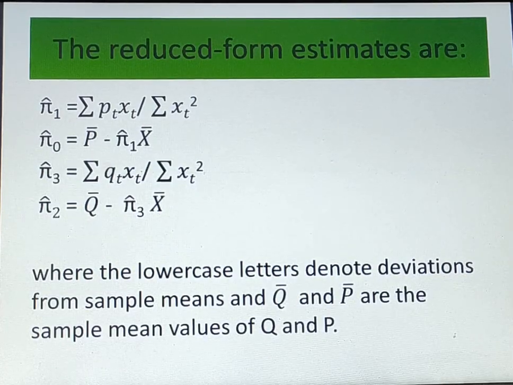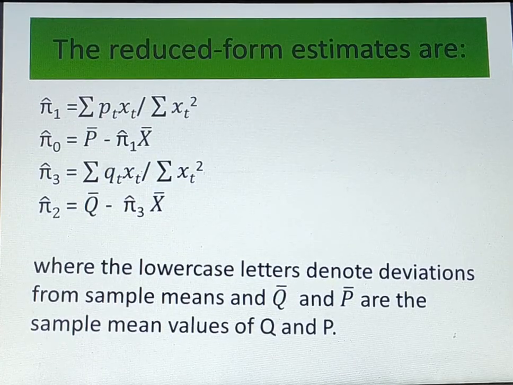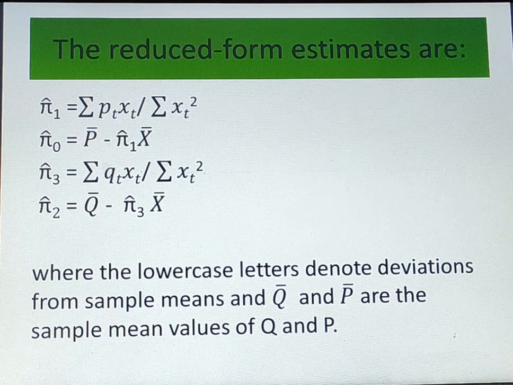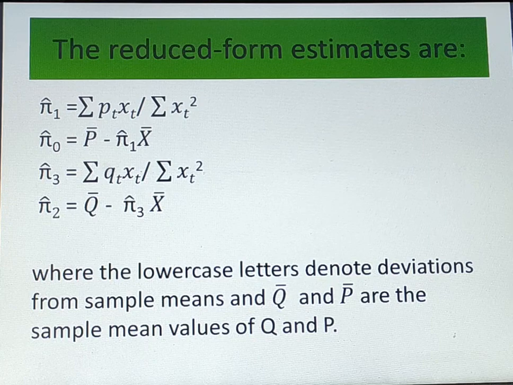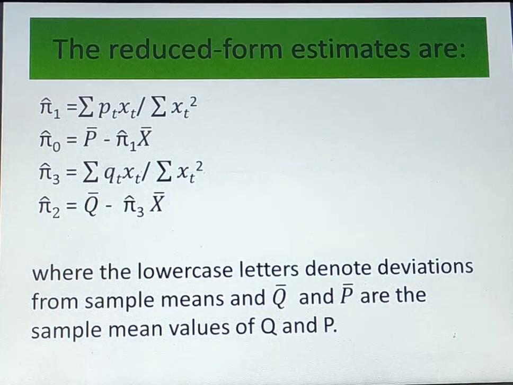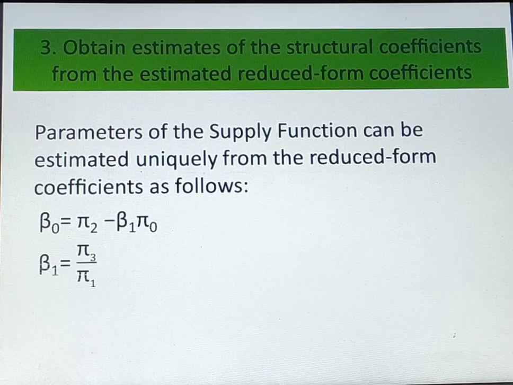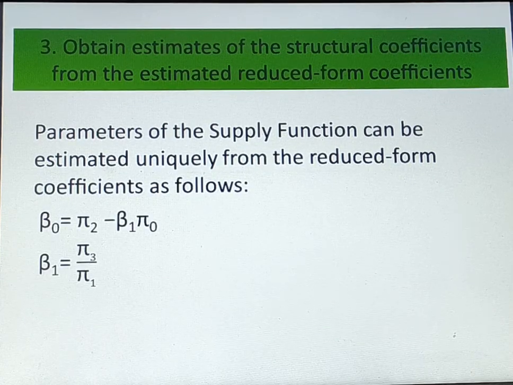So these are the estimates of the reduced form equations, where the lowercase letters, that is p_t and x_t, denote the deviations from sample means, and Q bar and P bar are the sample mean values of Q and P.